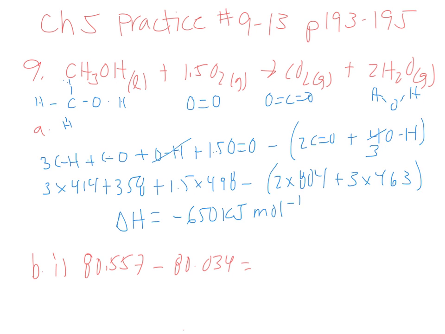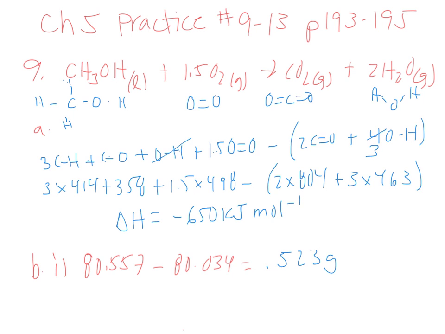In part B, then, they want you to look at the experimental data they've given you. And first they want you to calculate the amount in moles of methanol burned. So they've given you the initial mass and the final mass of the burner in methanol. So I just subtract those, and I get 0.523 grams of methanol.